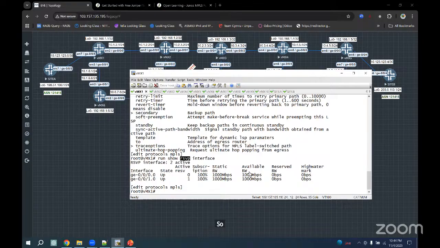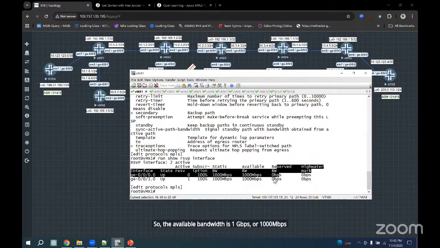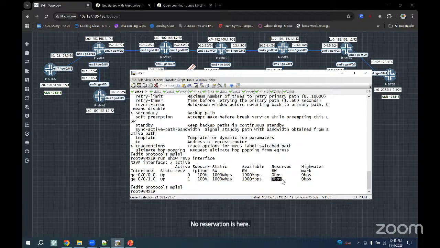The available bandwidth is 1 Gbps or 1000 Mbps. No reservation is here, 0 bps. This is the ge interface. Total bandwidth is 1000 Mbps and available bandwidth is also 1000 Mbps. No reservation has been taken here.